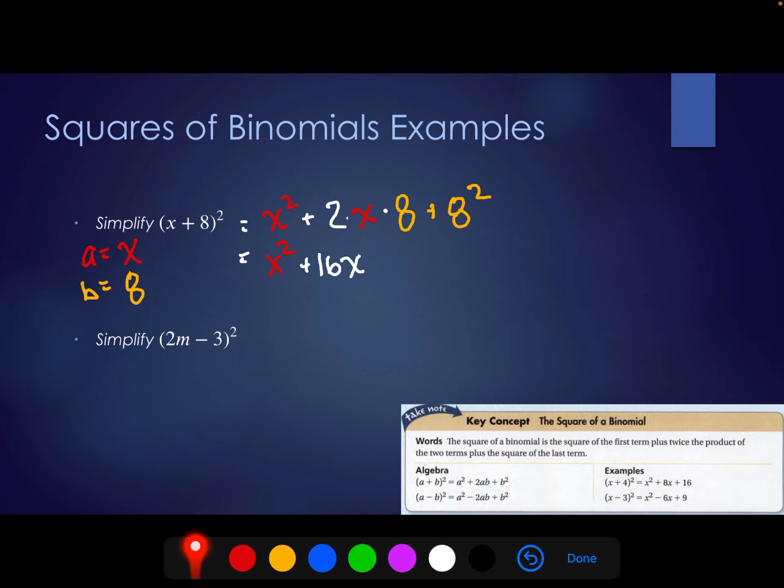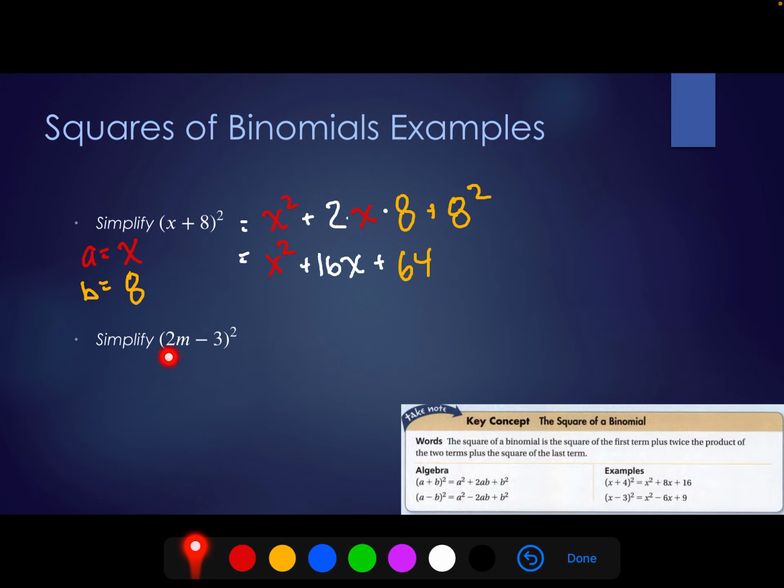Well, 8 squared, that's just 8 times 8. So that's 64. And now we look, we see we can't combine any more like terms. So we're all done. That's it. We completed that process, right? A squared plus 2 times our a value times our b value plus our b value squared.